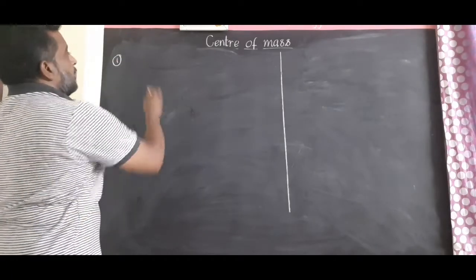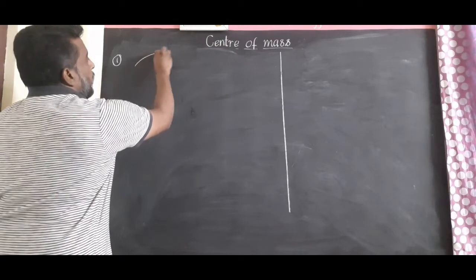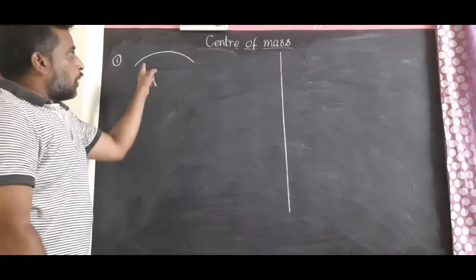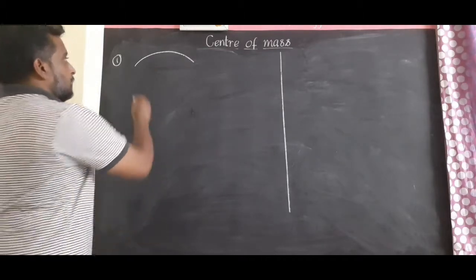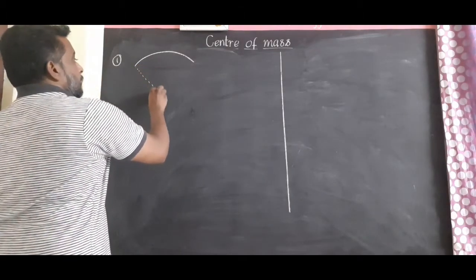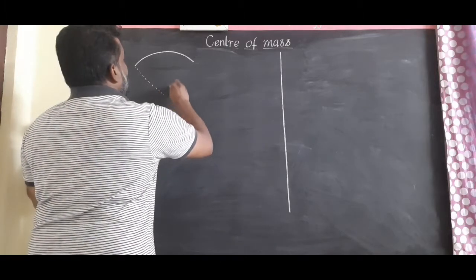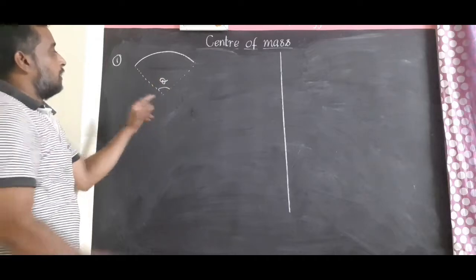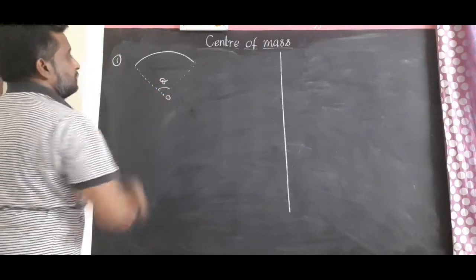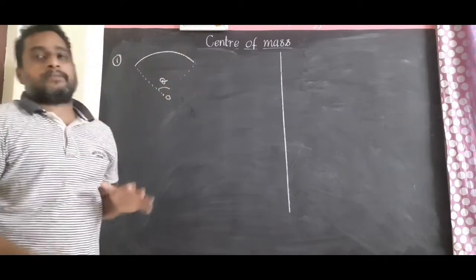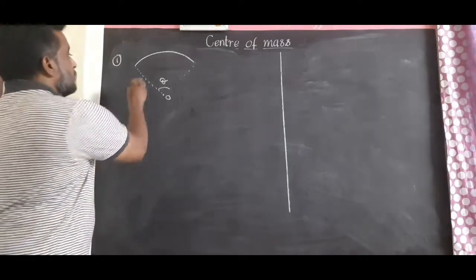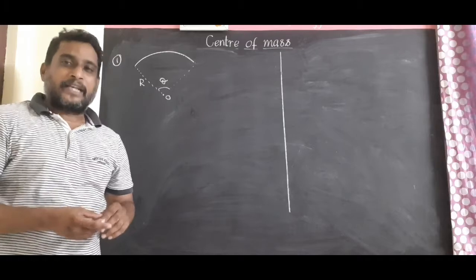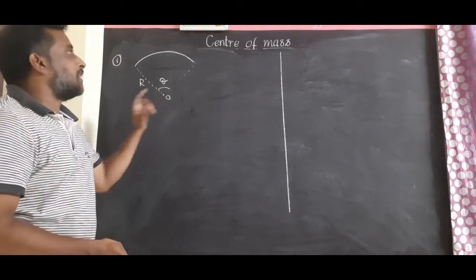The first one will be an arc-shaped wire of radius r, which is subtending an angle theta at the center.